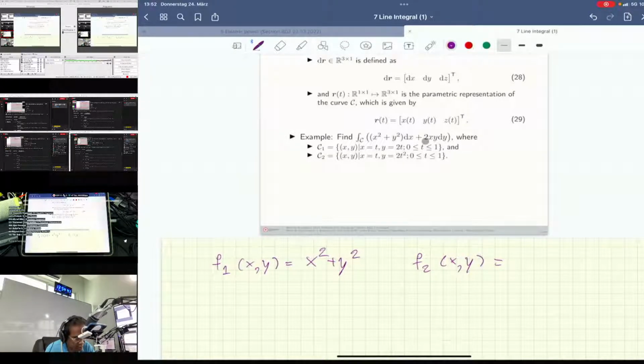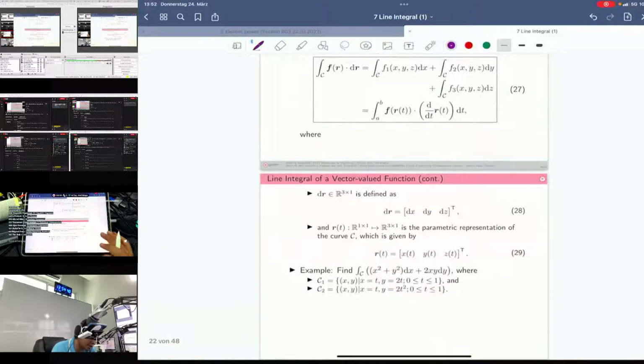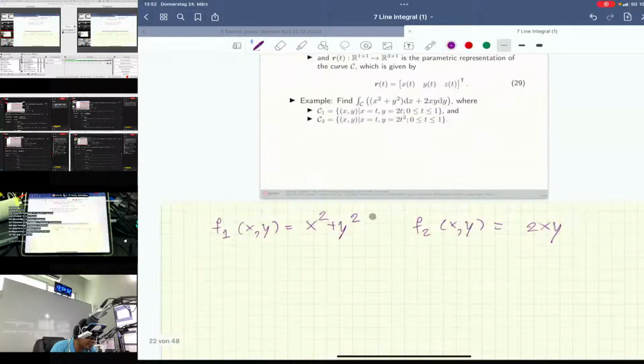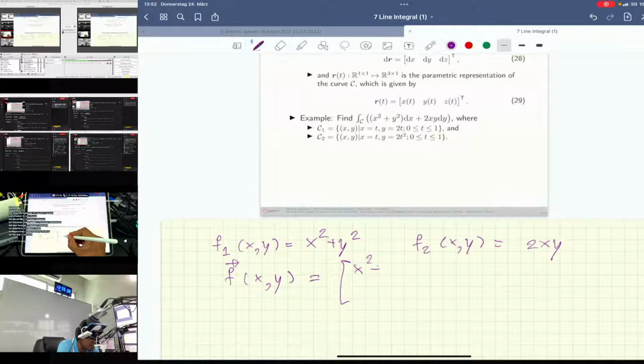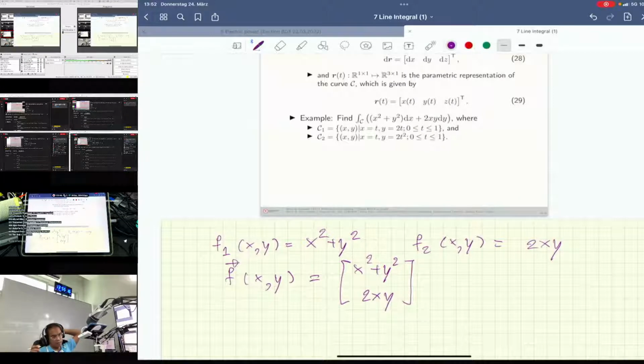Which is 2xy. Okay, and now we're going to use this expression, integration from a to b. And of course, the vector value function, the vector F that depends on x and y, will be something like this. It's x squared plus y squared and 2xy. All right, something like this.